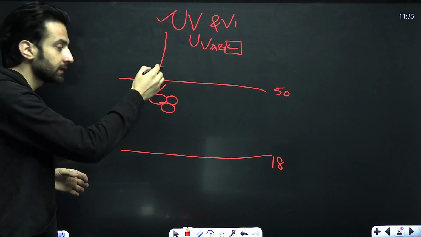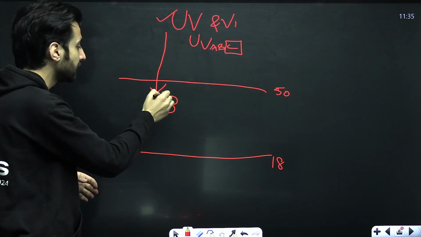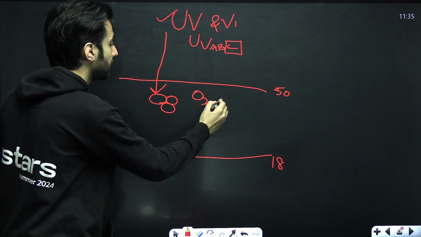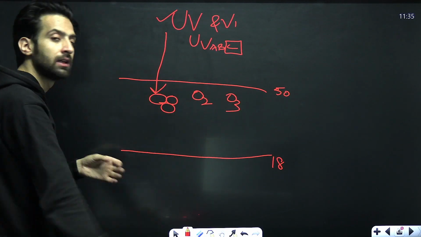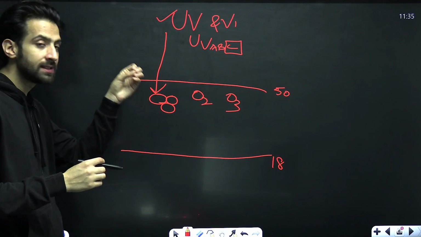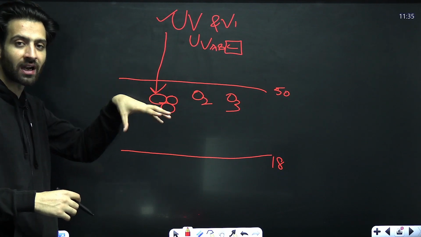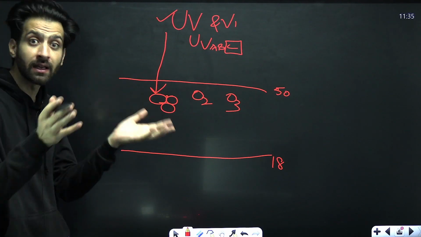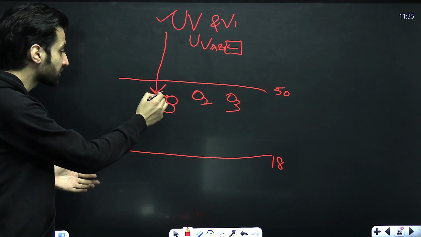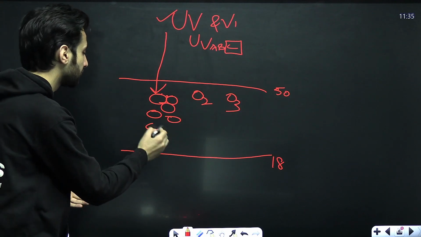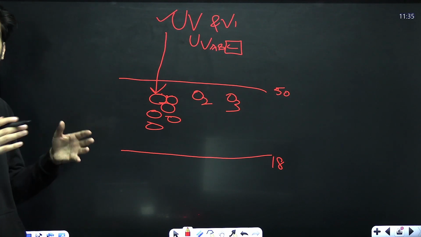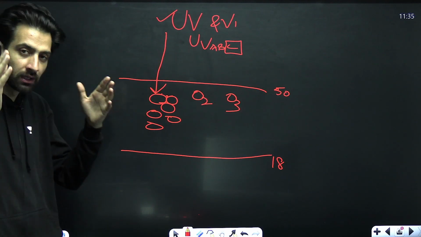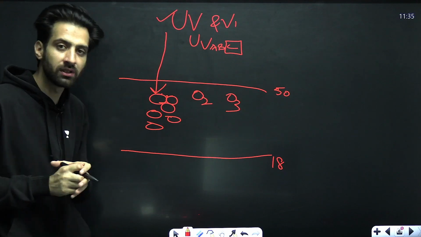When this radiation will come here and strike the oxygen molecules, you will find O2 molecules as well and O3 molecules as well in this layer. When this UVC will come to Earth, to the stratosphere, and it will strike these molecules, it will break them down. So O3, O2 molecules will get separated as soon as UVC strikes these molecules.